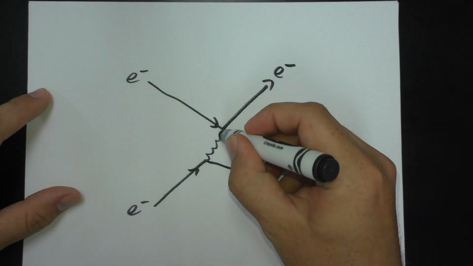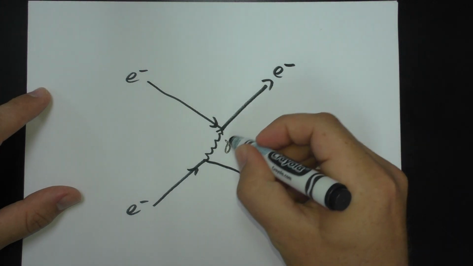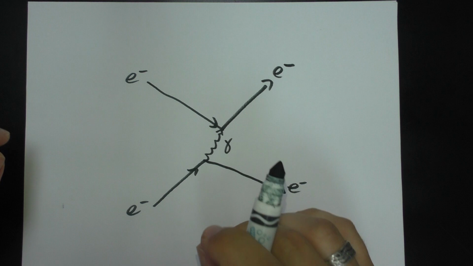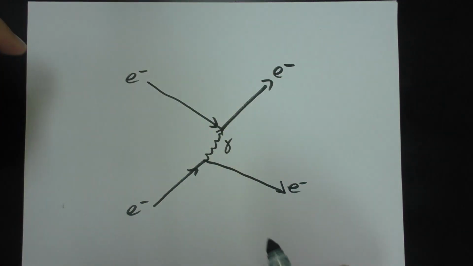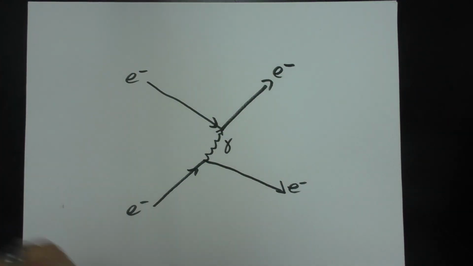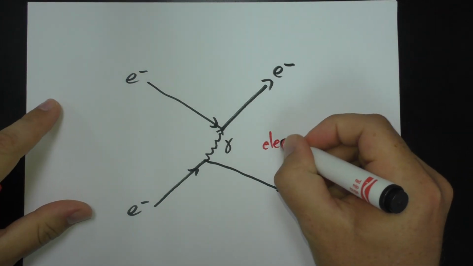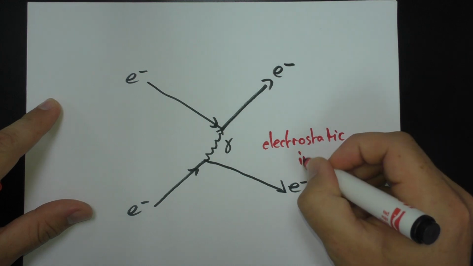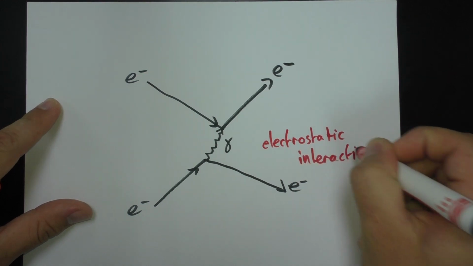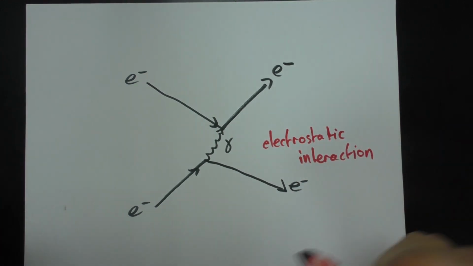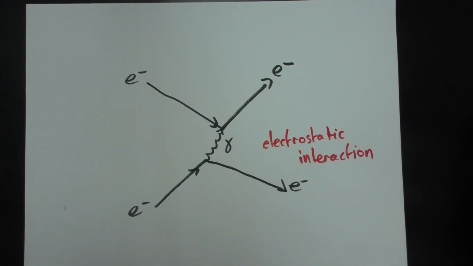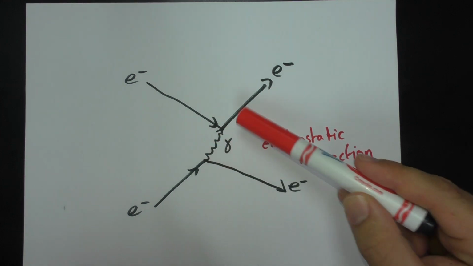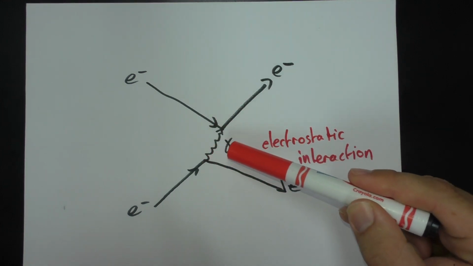And so they exchange a photon when coming close to each other, and that mediates the interaction that's going on here. This is an electrostatic interaction. So this electrostatic interaction is being governed by an exchange particle, which is a photon.